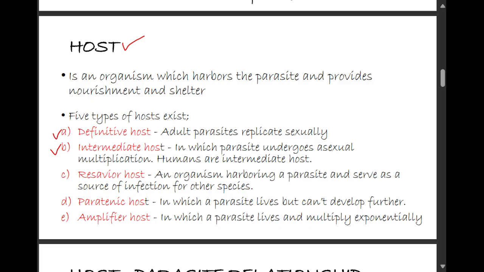For example, in the malaria parasite life cycle, humans function as intermediate hosts. The other thing to take note of is that intermediate hosts are usually significant or essential for the completion of the life cycle for some parasites.